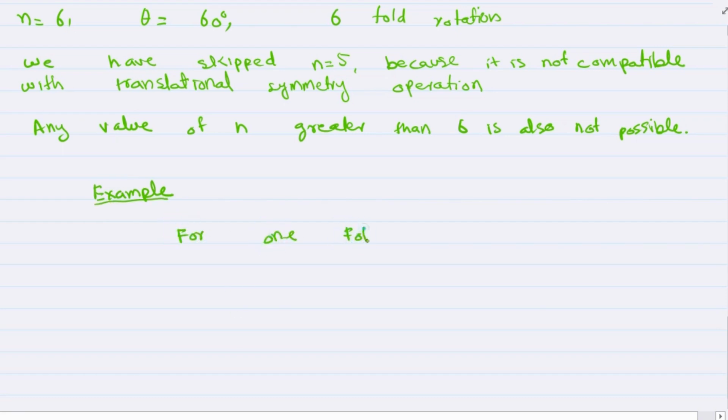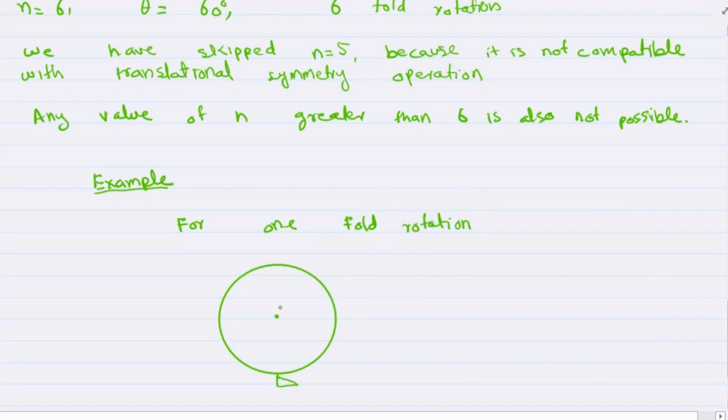For one-fold rotation, look at this specific circle. It has a single dot at the center and a small right angle triangle at the bottom. How much rotation should I give to this circle so that it looks symmetric? It is very obvious from this shape that this rotation must be 360 degree so that everything returns to its initial position.